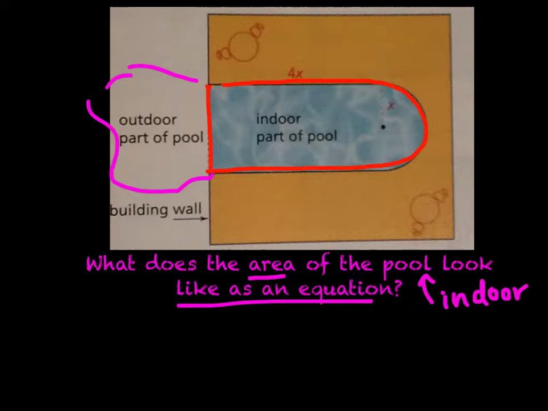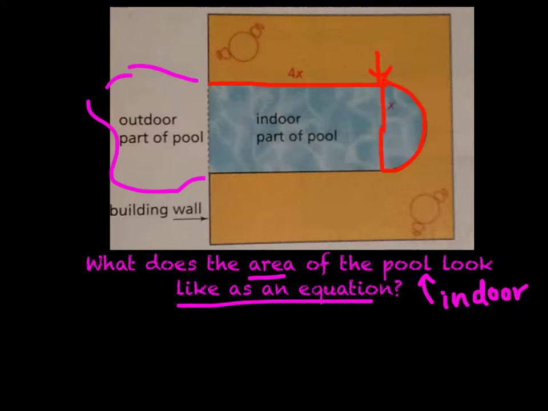We have this dimension of 4x, from the side of the building up to where the radius of this half circle starts, and then we have this half circle portion.